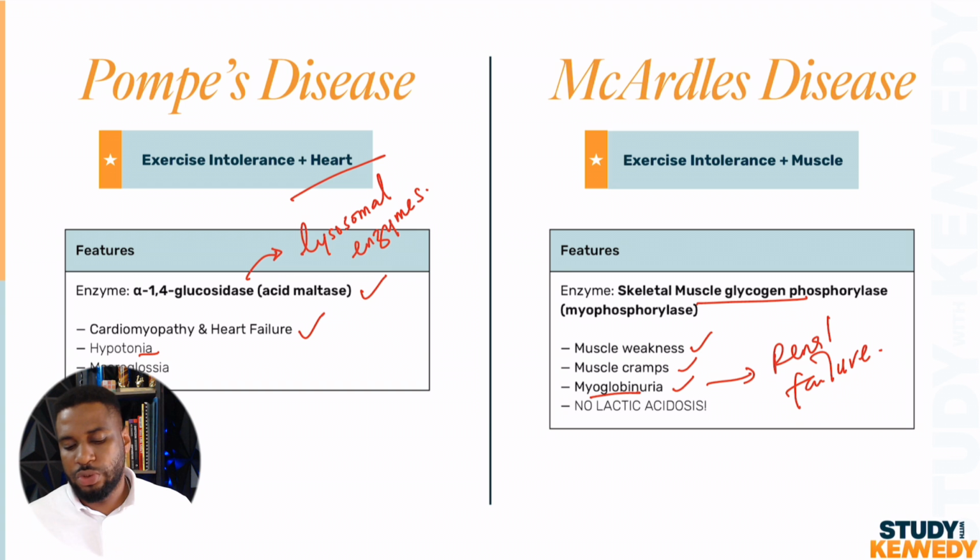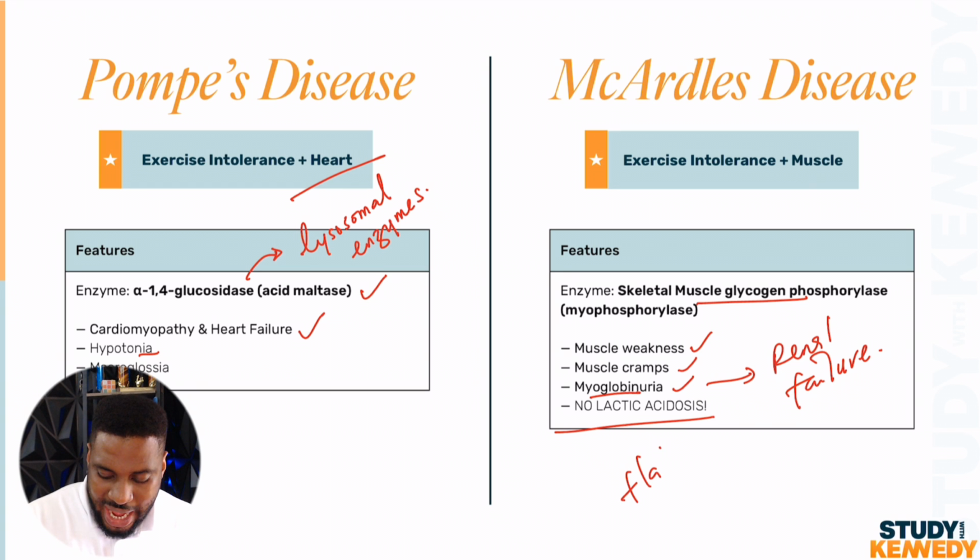The other thing you would need to remember about people with McArdle's disease is that because your liver is producing glucose anyway, they don't develop lactic acidosis. So people with McArdle's disease do not develop lactic acidosis. Sometimes they are described as having a flat venous lactate line.